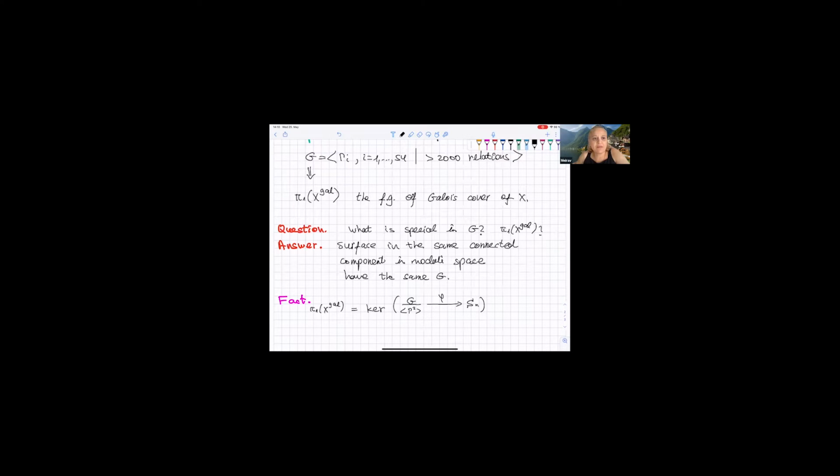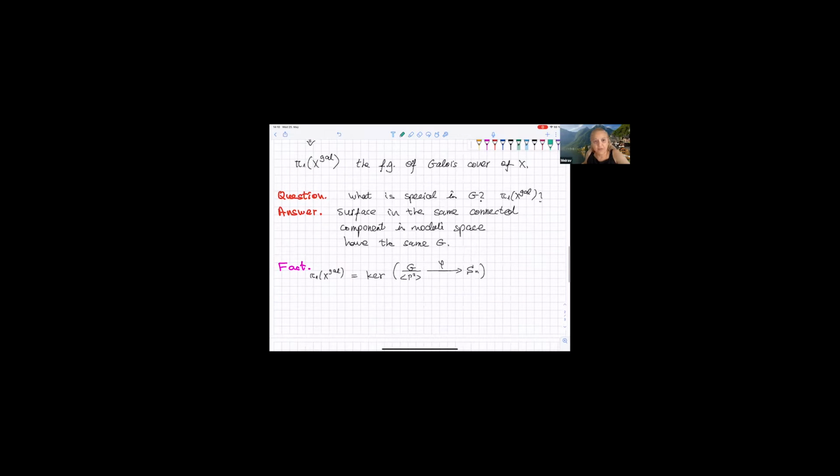I don't have time to go into this because I want to focus on the fundamental group itself. So I skip the proofs of such things because I have much to tell here. But this is a thing that we are going to use later on.